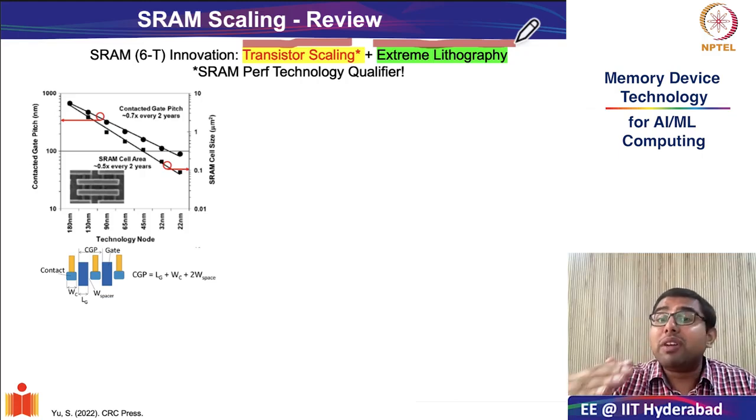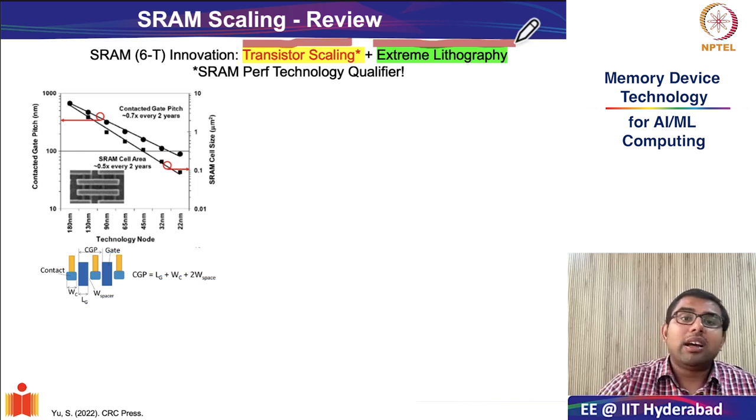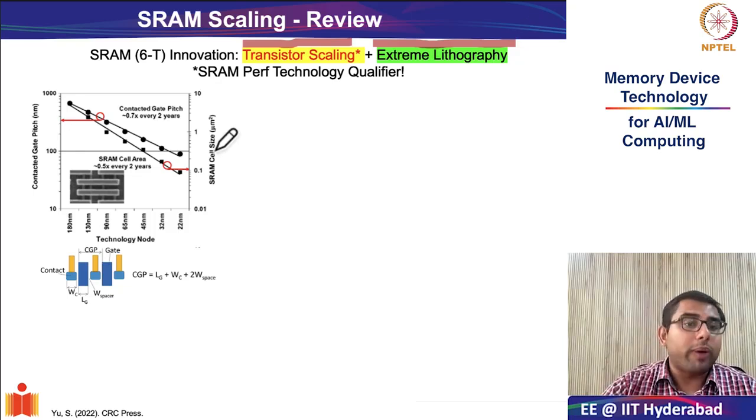What does that mean? We will discuss in the next slide. Before that, let us discuss how transistor scaling has helped the SRAM performance. I think this we had discussed already, so I will try to go a little quickly.